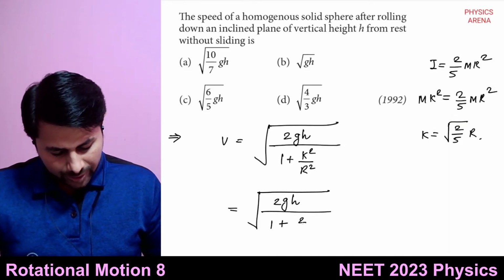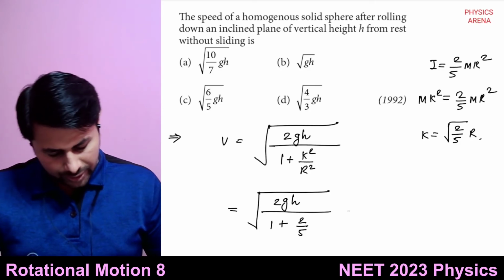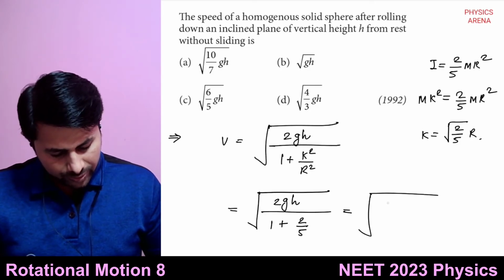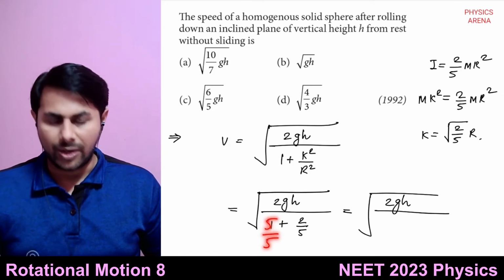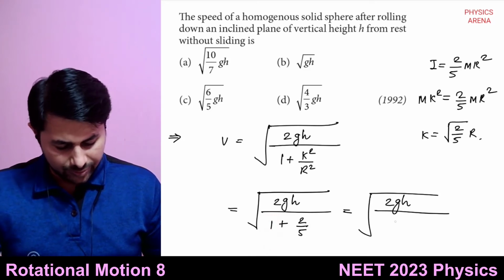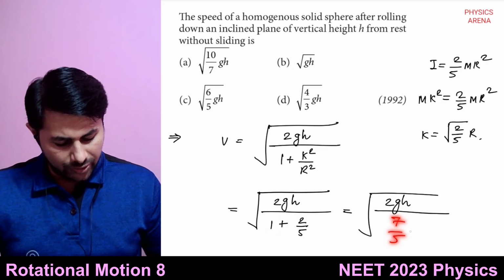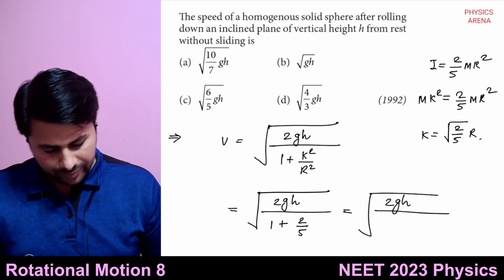So v is equal to the square root of 2gh divided by, now 1 is 5 by 5, 5 by 5 plus 2 by 5 is 7 by 5, and you can take that 5 in the numerator, so it is 10 by 7.